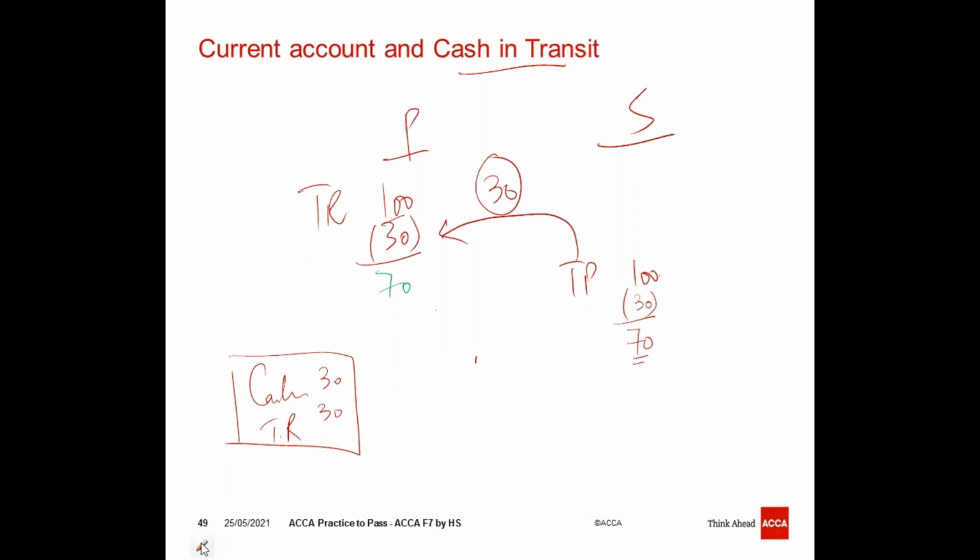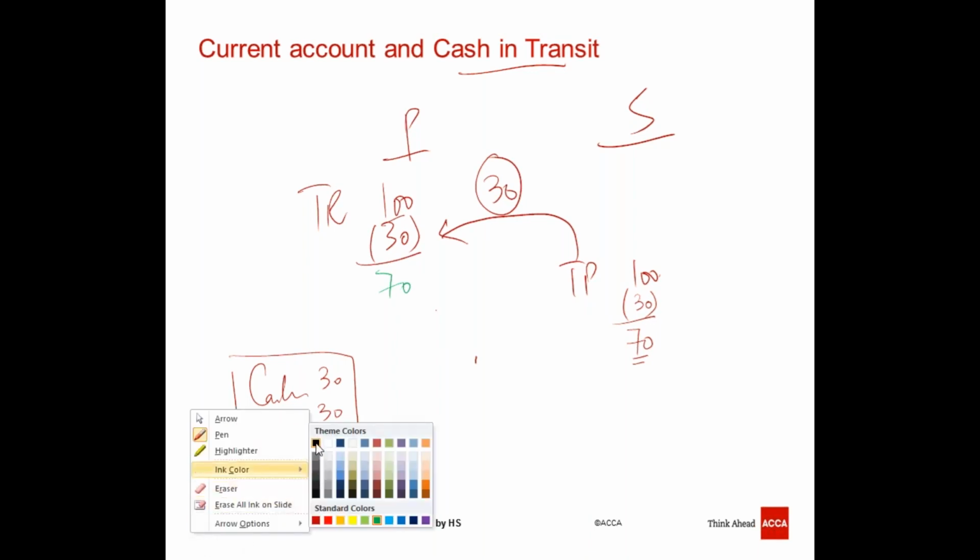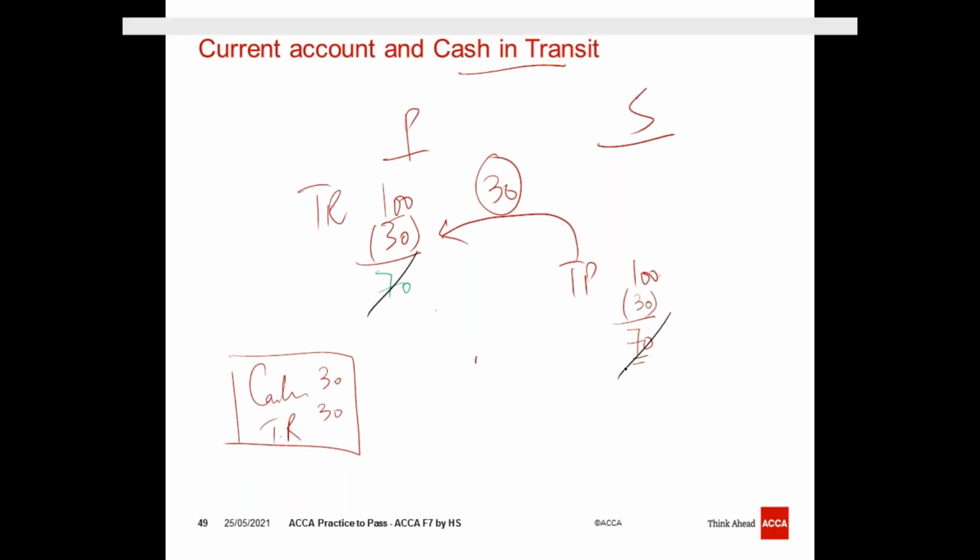So now you are in a position to cancel out these transactions, 70 and 70.